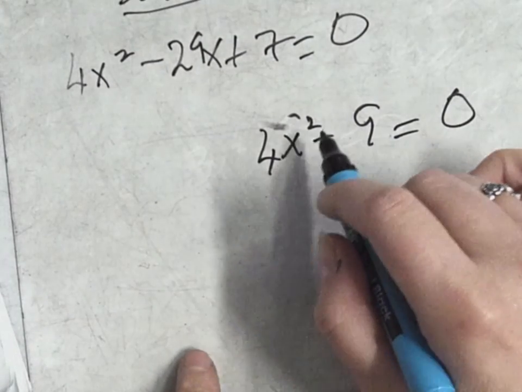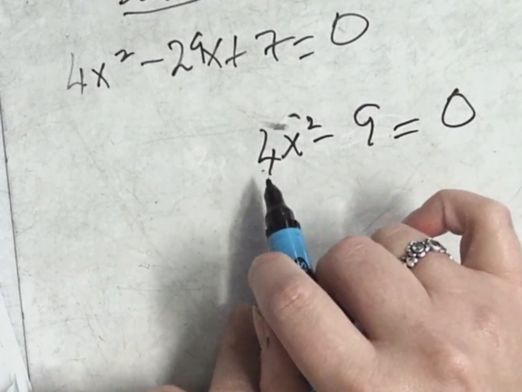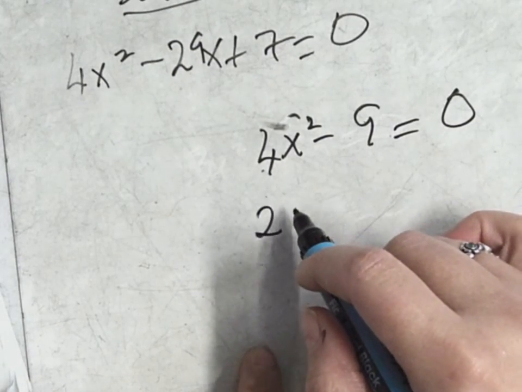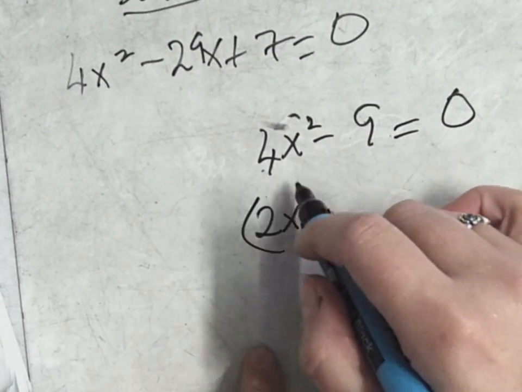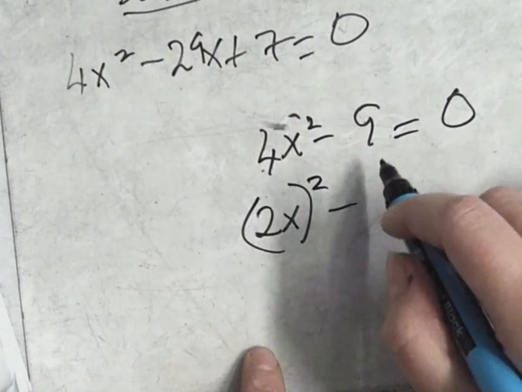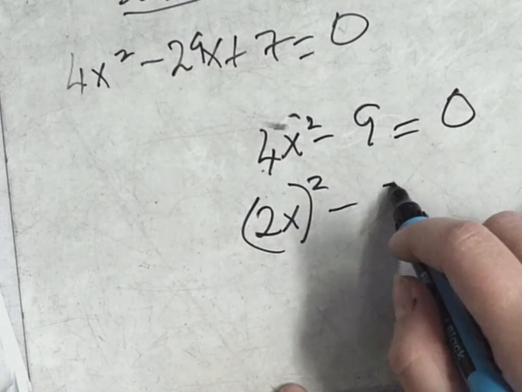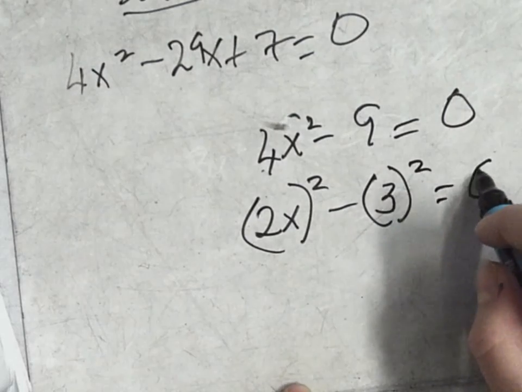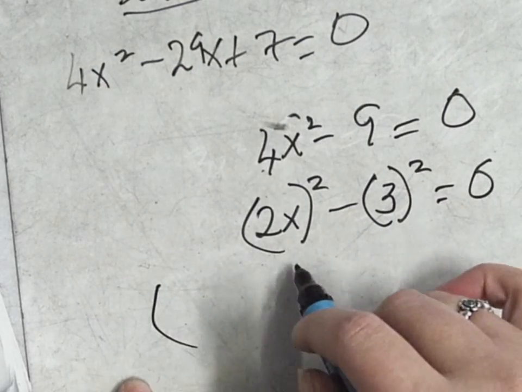Right, so what squared will give me 4x squared? What squared will give me 4? 2. What squared will give me x squared? x. So it's 2x all to be squared. What squared will give me 9? 3. 3 to be squared. And the next bit you have to learn: it's just two sets of brackets.